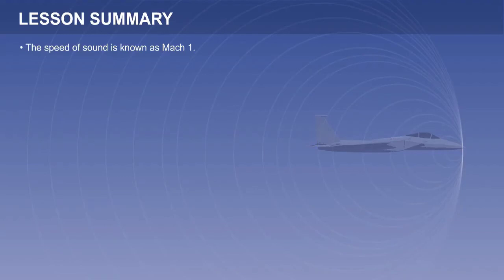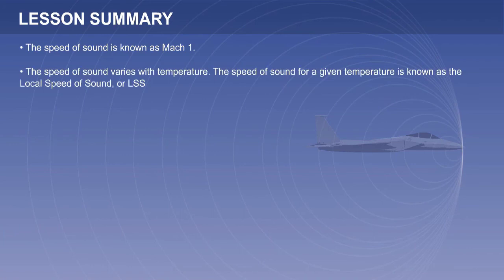The speed of sound is known as Mach 1. The speed of sound varies with temperature. The speed of sound for a given temperature is known as the local speed of sound, or LSS. The local speed of sound at sea level in ISA conditions of plus 15 degrees Celsius is 661 knots.